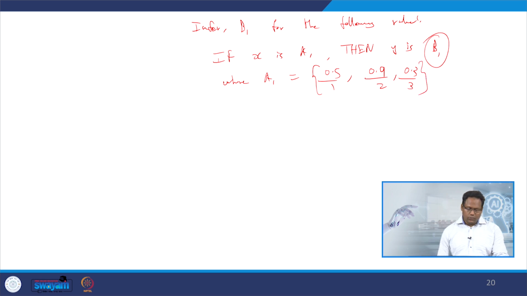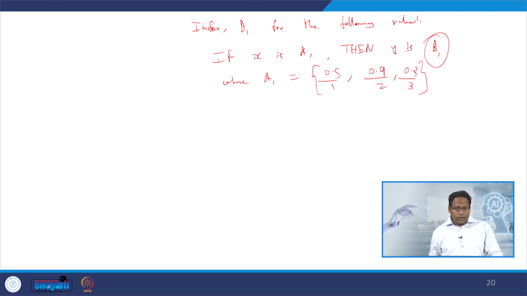So, how can we get B1 from the rules we have? Definitely we have to do the composition operation. We need to have the relation matrix first of all, between A and B. The first rule is the statement if x is A, then y is B, and the second rule is if x is A1, then y is B1.